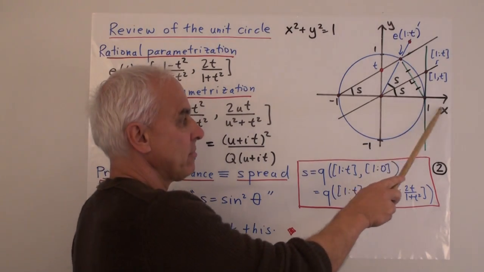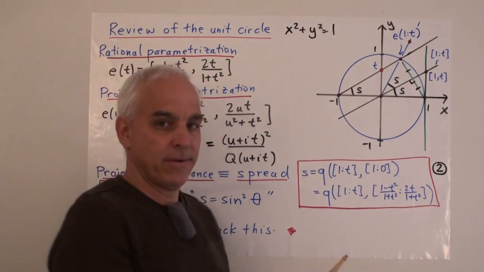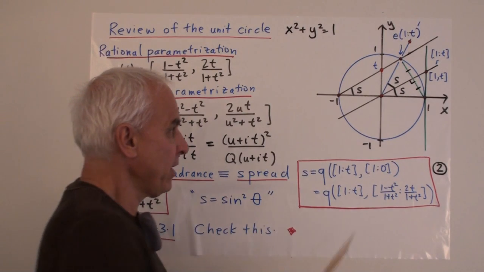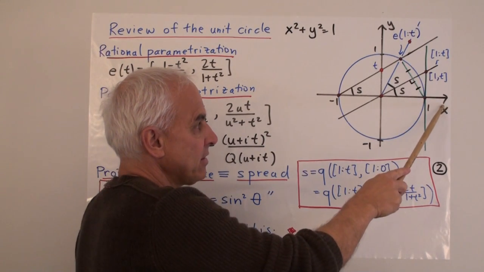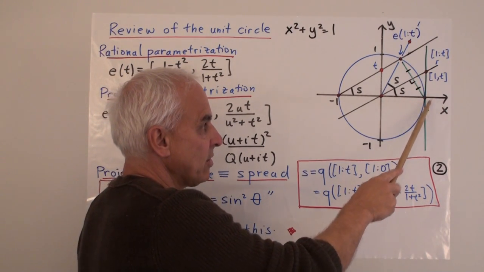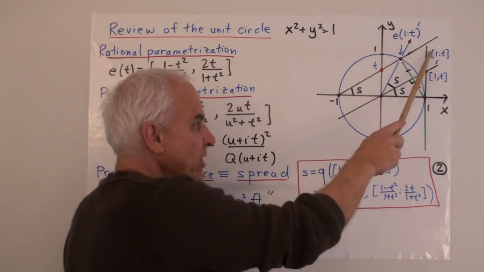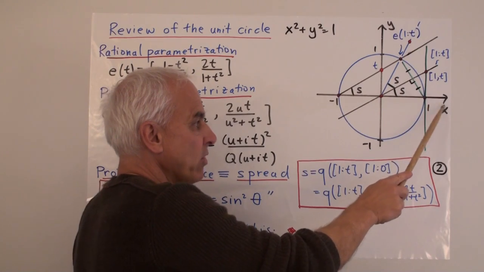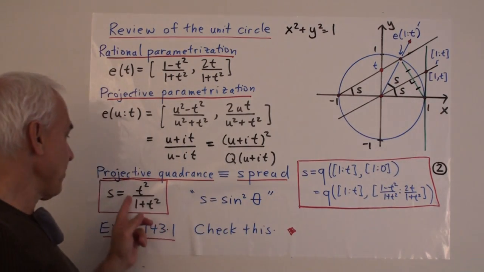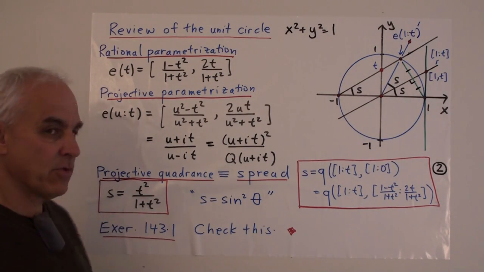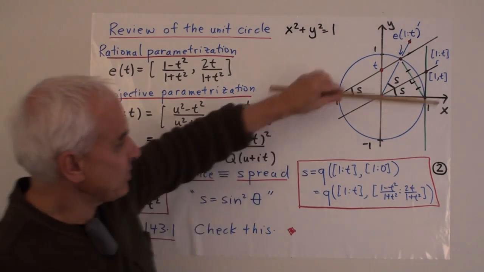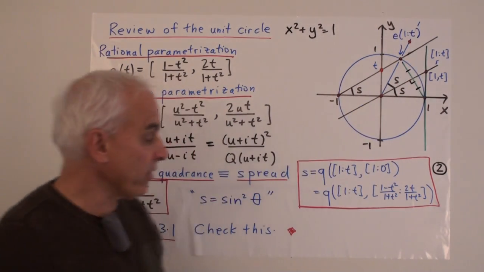Remember, this is the line [1, 0]. If you use the standard formula, (1 times 0 minus 1 times t) all squared, over (1 squared plus t squared) times (1 squared plus 0 squared), then you'll get t squared over 1 plus t squared. So that's what we usually call a projective quadrance.